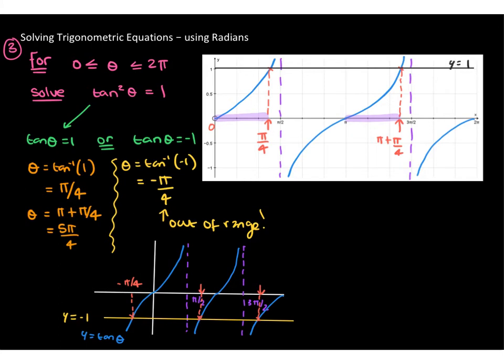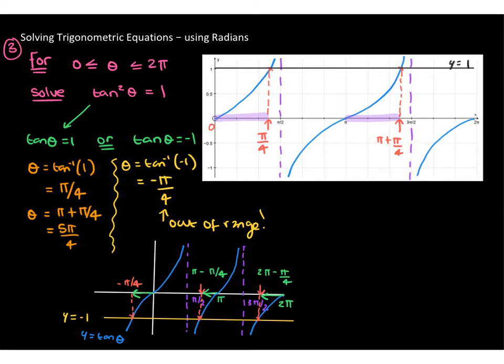I've got to use the symmetry of the graph carefully. Now, look at this gap here. We're drawing an arrow. It's pi by 4 radians back from the origin. Can you see the repetition here? I've got to go pi by 4 radians back from pi to get this angle here, and to get this angle here, I've got to go pi by 4 radians back from 2 pi. So one of my answers is going to equal pi take away pi by 4, and my other answer is going to equal 2 pi take away pi by 4.